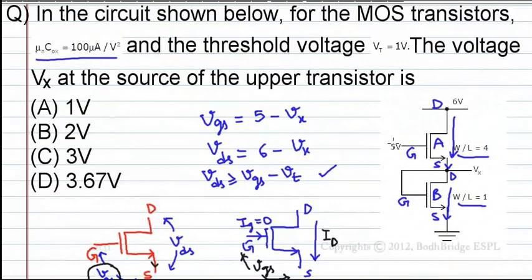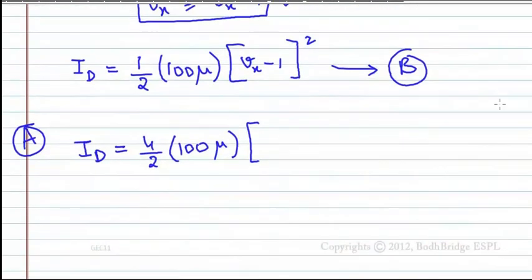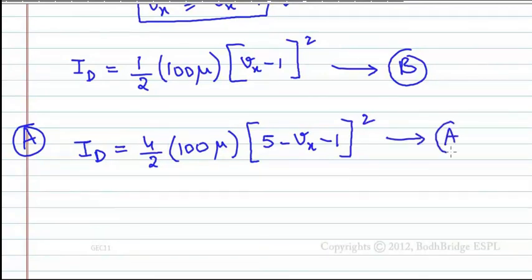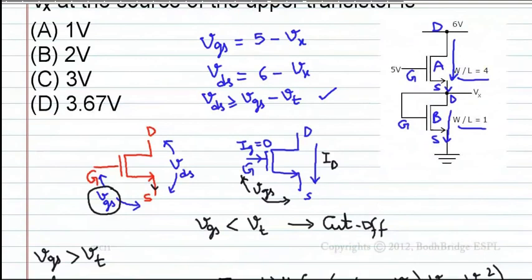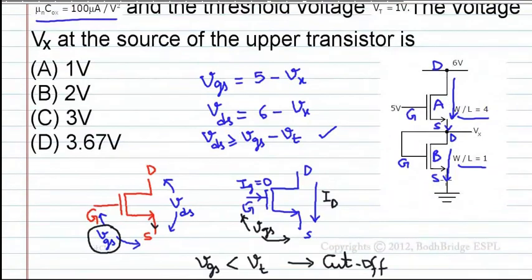VGS is 5 minus Vx, so 5 minus Vx minus Vt, where Vt is 1, whole square. This is the current through the transistor A. Both these currents are equal. You understood why? Because the same current flows from A to B.